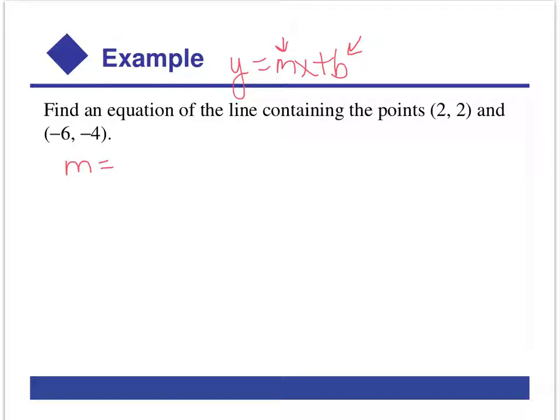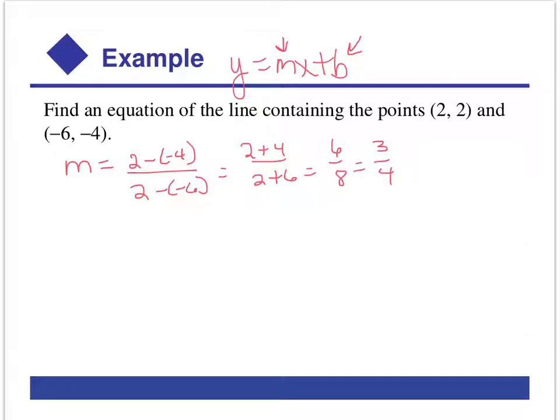I'm going to use 2 minus negative 4 over 2 minus negative 6. So I get 2 plus 4 over 2 plus 6, and that gives me 6 over 8, which simplifies to 3/4.